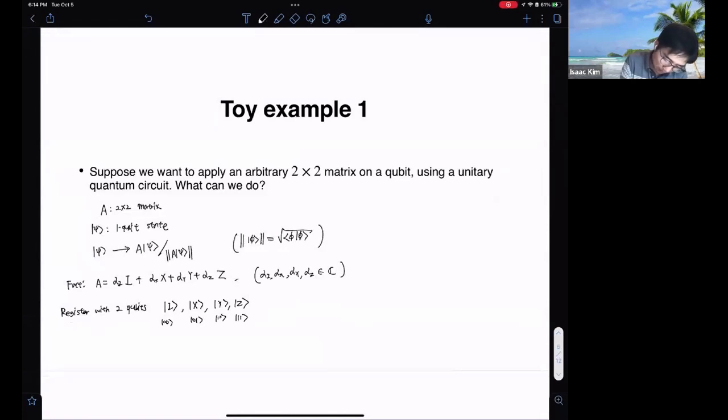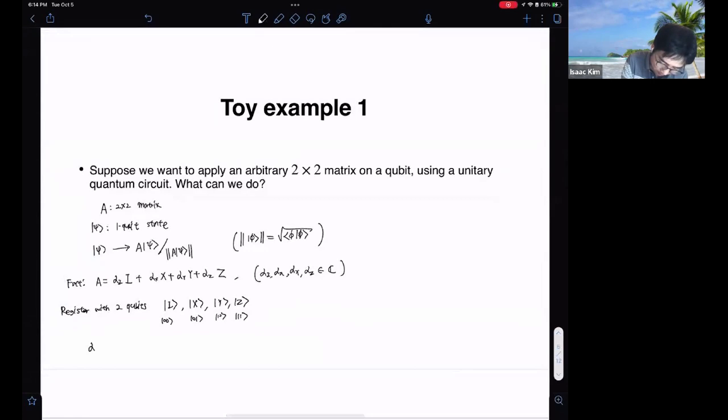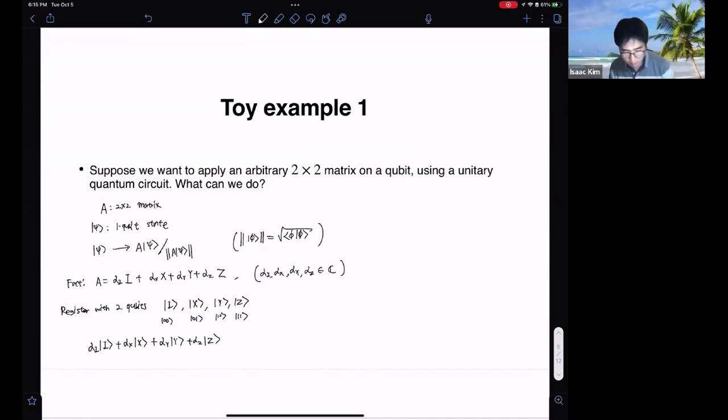Okay. So what I want to do is this. First I begin with this state, which is a superposition state over this 2-qubit register. I didn't divide by the normalization factor.